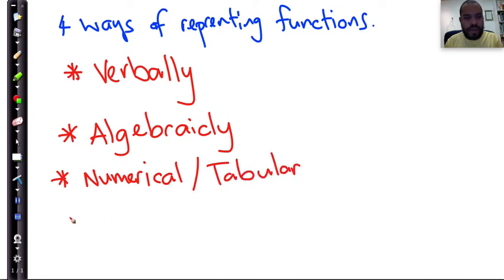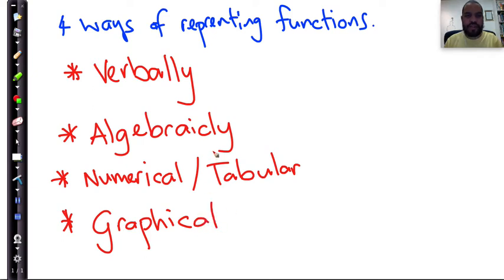And the fourth way is what we will call graphically, or graphical representation of the function. So those are essentially the 4 ways of representing functions.